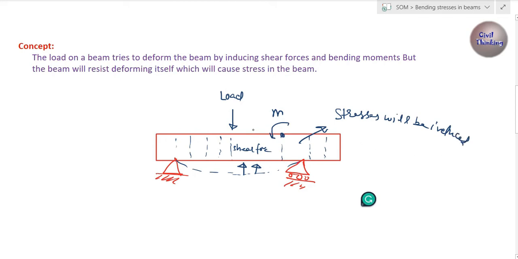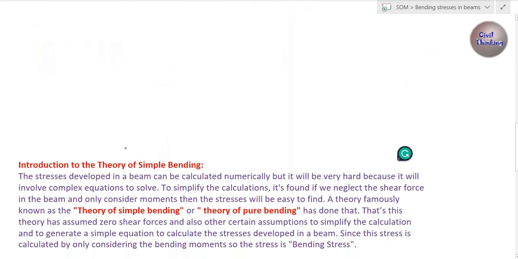These stresses are due to the shear force and the moment which are developed in the beam. Okay, these are the stresses we are talking about, and in this series of video lectures we are going to find the stresses numerically. Okay, now let's move on.